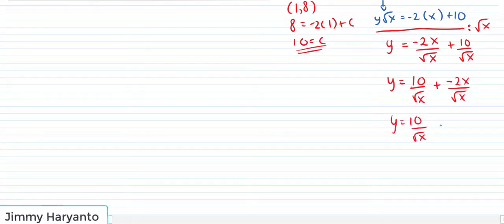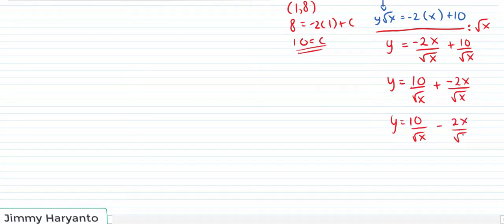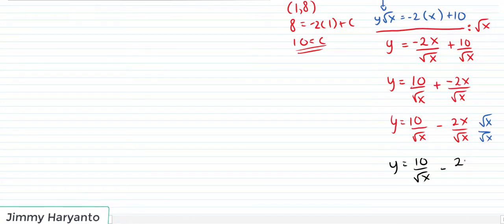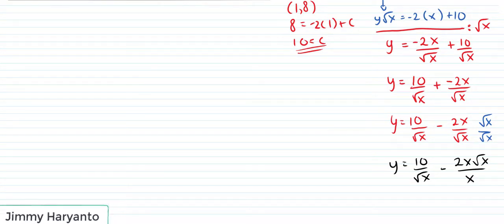We know that a root cannot be on the bottom, so we have to multiply it by the same root to rationalize. y equals 10 over root x minus 2x times root x becomes 2x root x, and root x times root x equals x, and then we cross out the x.